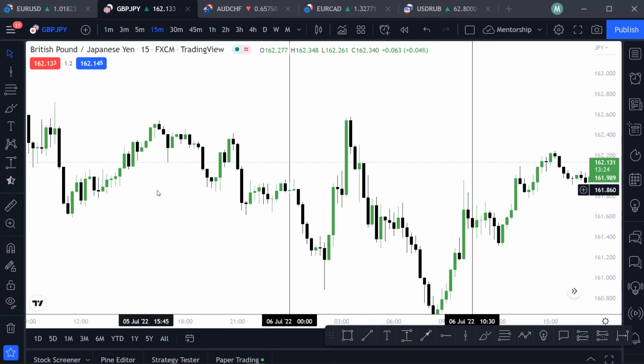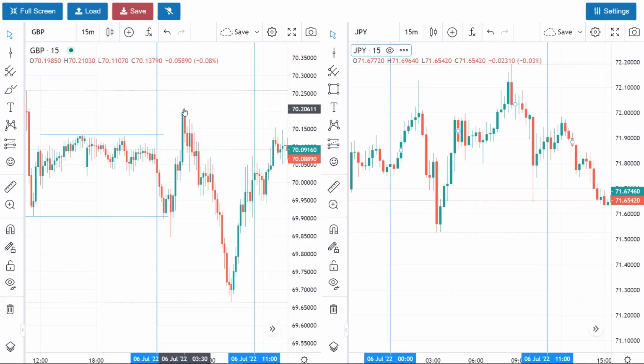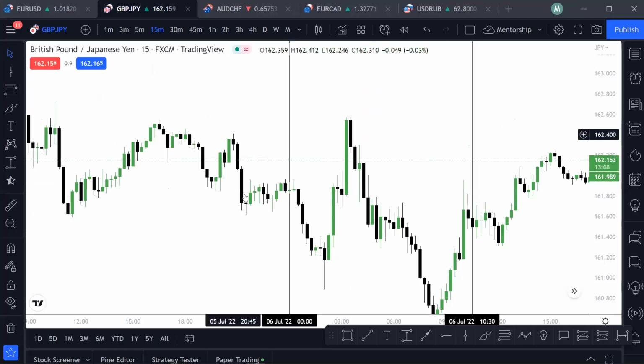The analysis is already done on the indices right here. You already know that this one is running above these highs. Now, on the currency pair, you are only having your entries to institutional levels. Leave the Asian dealing range highs and lows.